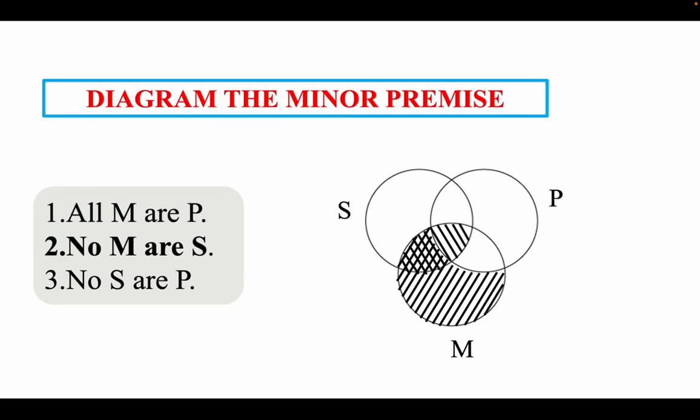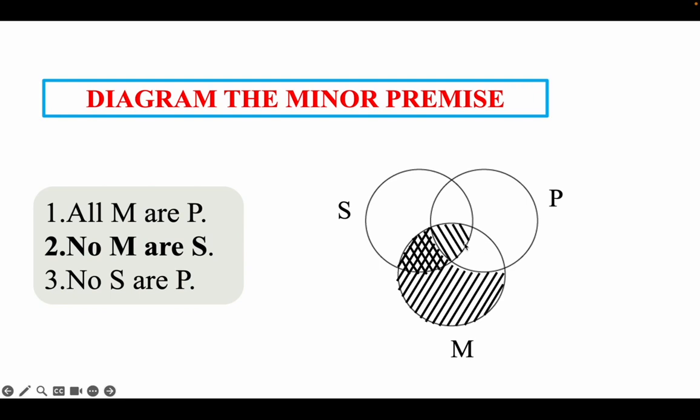Next, you diagram the second premise. Now, the second premise is an E form, so it's a universal negative, no M are S. Consequently, in order to diagram this, you have to focus on these two circles, S and M. And you have to shade logical area 2, which is the area right in between S and M, the area that looks like an I-shaped area.